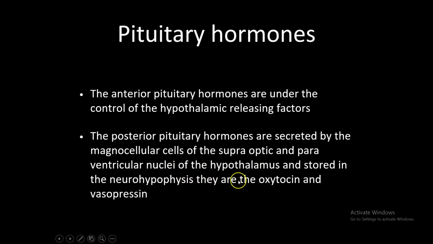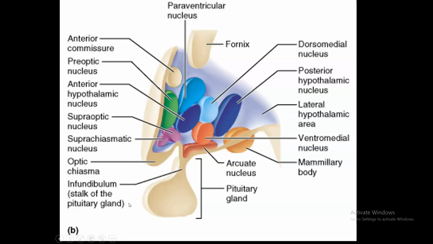in the neurohypophysis. So the anterior pituitary hormones are secreted from the pituitary itself under control of the hypothalamic releasing factors, but the posterior pituitary hormones are stored in the neurohypophysis and are secreted from the hypothalamus, supraoptic and paraventricular nuclei, and they are oxytocin and vasopressin. Okay?